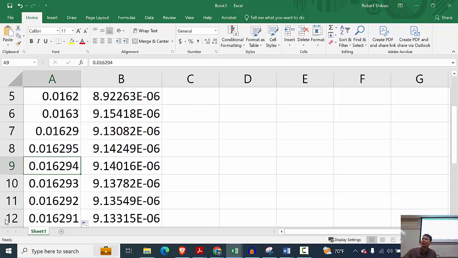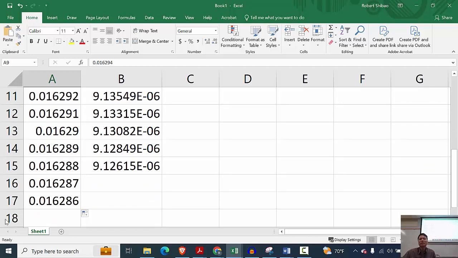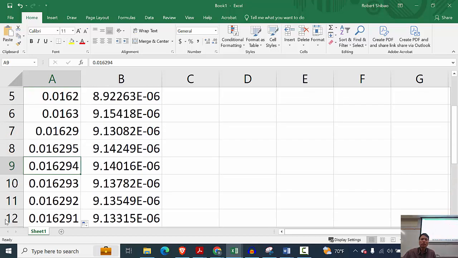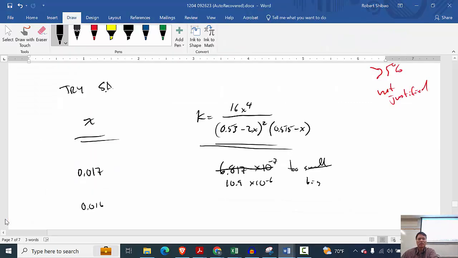And so, what did you get, Colin? I got 1.29. Oh, okay. Yeah, you have a different x value because I'm using that. And so now we're going to go ahead and calculate our concentrations at equilibrium.